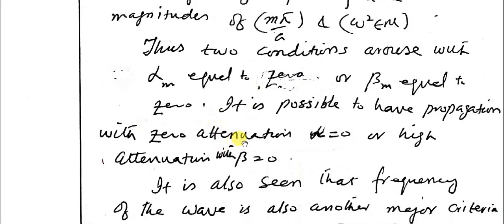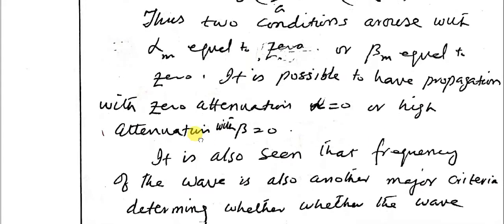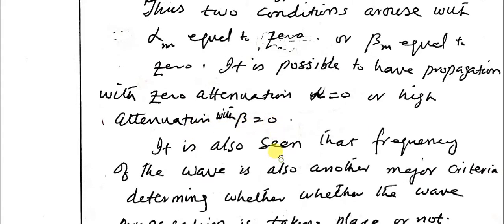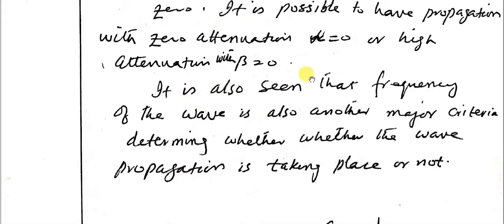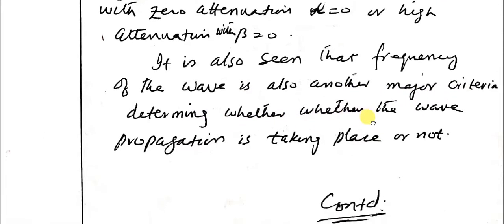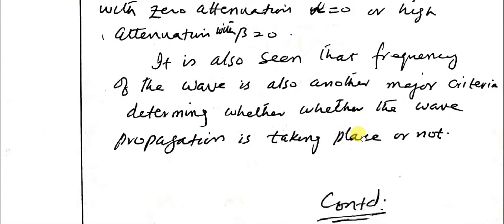So it is possible to have propagation with zero attenuation, that is alpha equal to 0, or high attenuation with beta equal to 0. It is also seen that the frequency of a wave is another major criterion determining whether wave propagation is taking place or not.